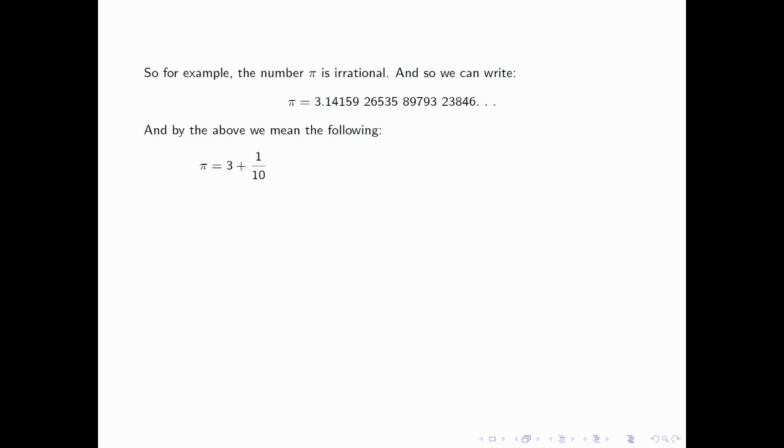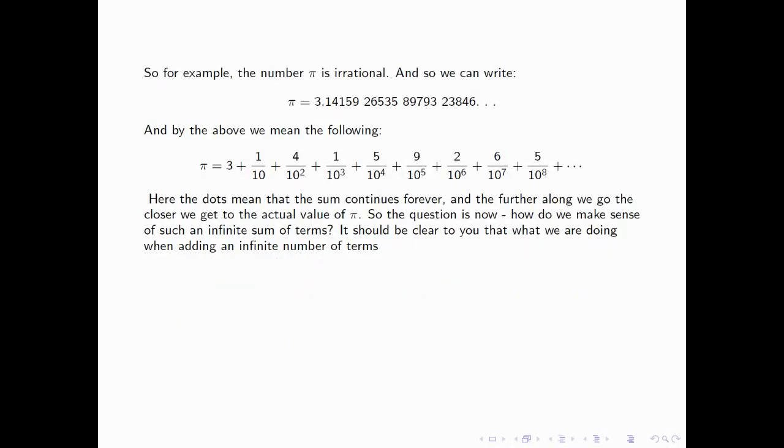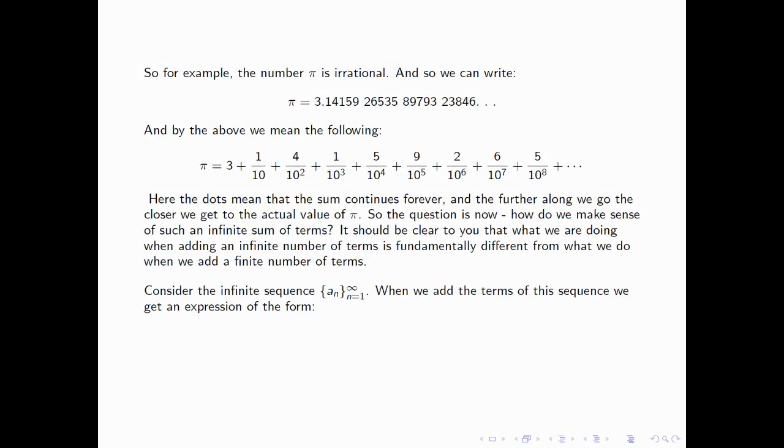This is what we meant: pi was equal to 3 plus a tenth plus 4 divided by 100 plus 1 divided by 1,000, and so on and so on. What I wanted you to see is that last sentence on the slide now. It should be clear to you that what we are doing when adding an infinite number of terms is fundamentally different from what we do when we add a finite number of terms.